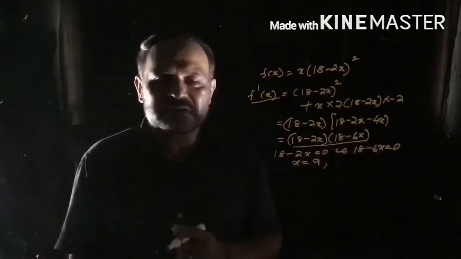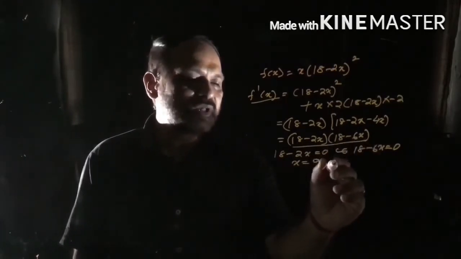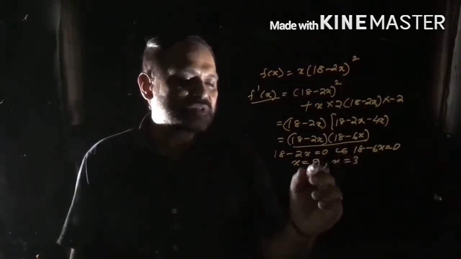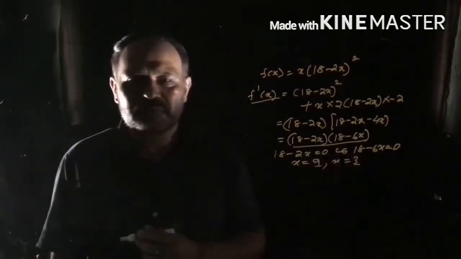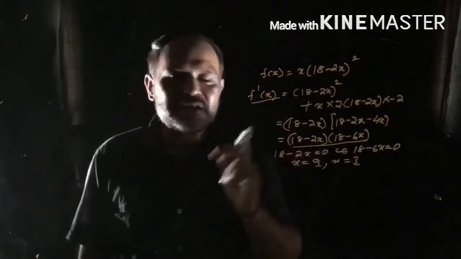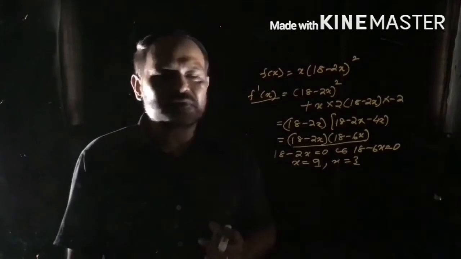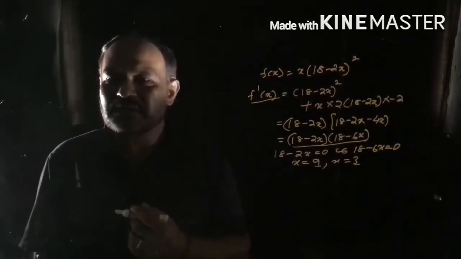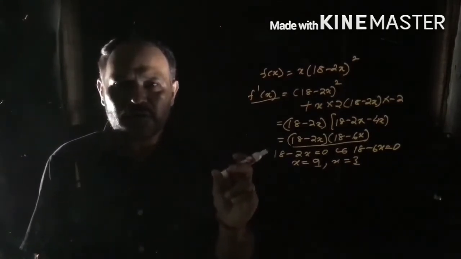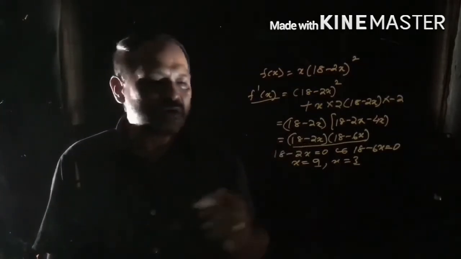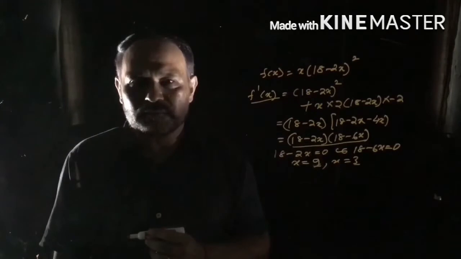If 18 minus 6x is equal to 0, then x is equal to 3. There are two extremum points, 9 and 3. See here, 9 is not possible because the length of the square piece is 18 cm. If we cut 9 from each side, then there is no length left. So this point is impossible.